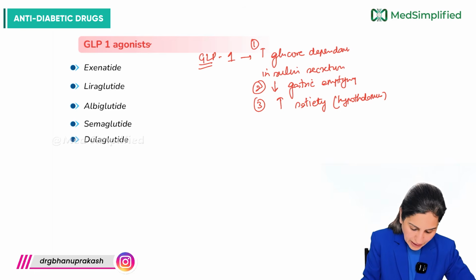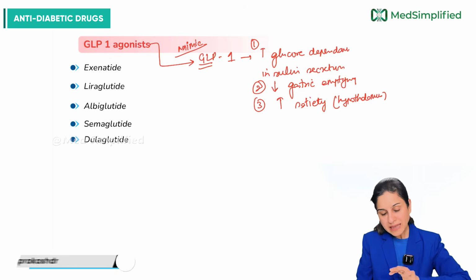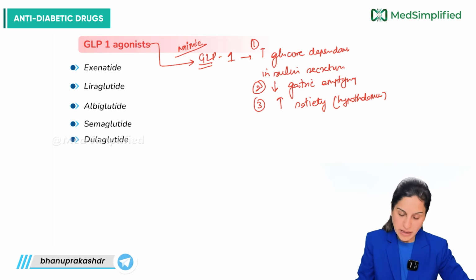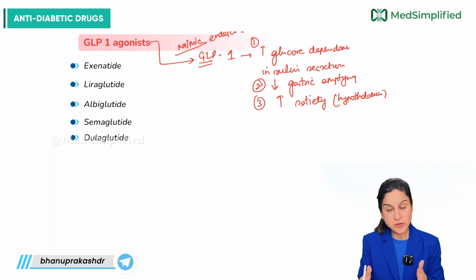So GLP-1 agonists mean they are going to mimic the endogenous GLP-1. This is how they are going to act. This is their mechanism of action.